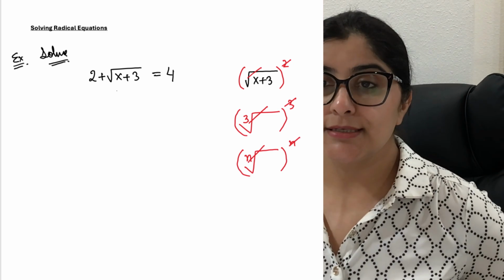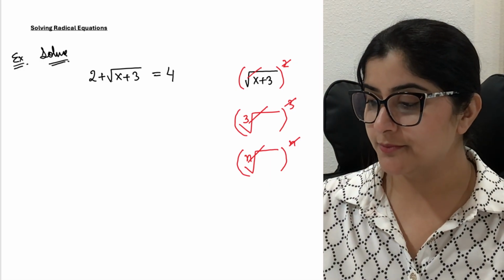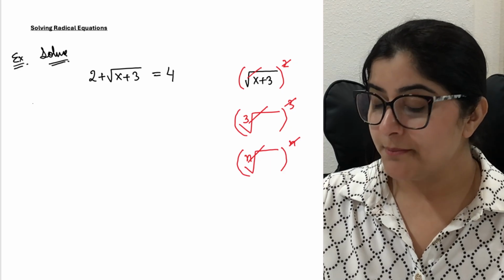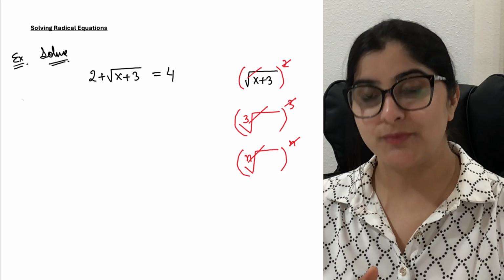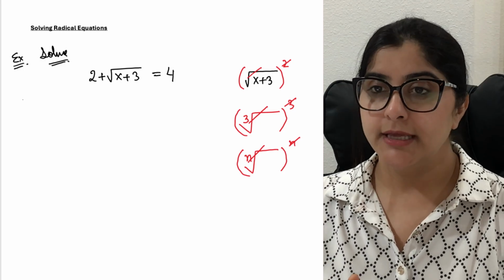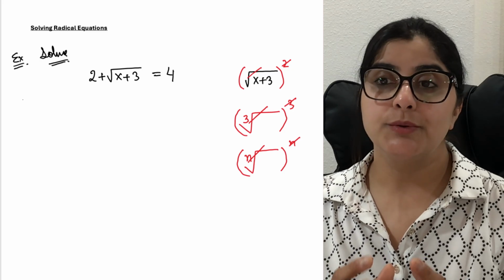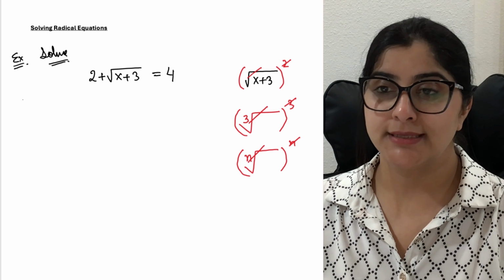In this case, it is a square root, and we know that we have to take the square on both sides. But we have to first isolate the radical expression on one side of the equal sign. What I mean is that there should be only the radical expression on one side of the equal sign, nothing else.